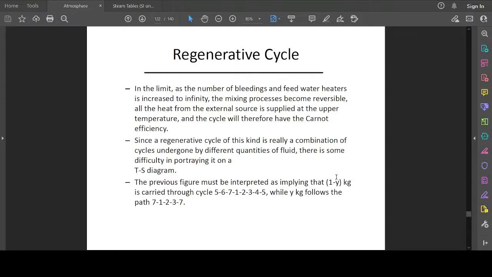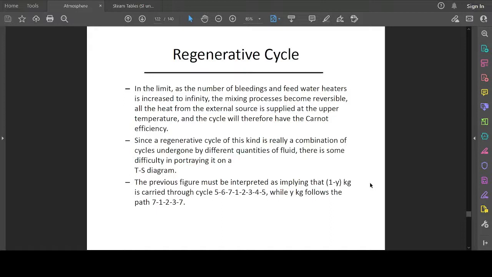All the heat from the external source is supplied at the upper temperature, and the cycle will therefore have the Carnot efficiency. Since a regenerative cycle of this kind is really a combination of cycles undergone by different quantities of fluid, there is some difficulty in portraying it on a TS diagram. As you can see from the two slides, these are like cycles stacked on top of each other.